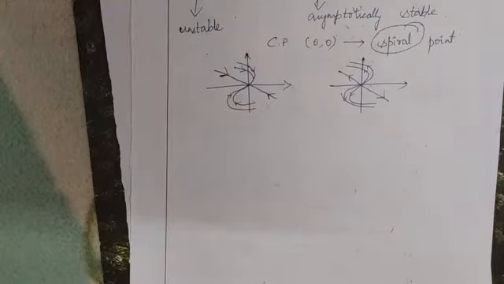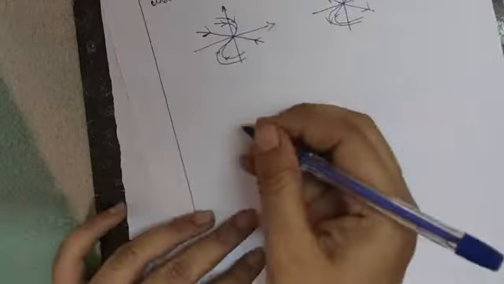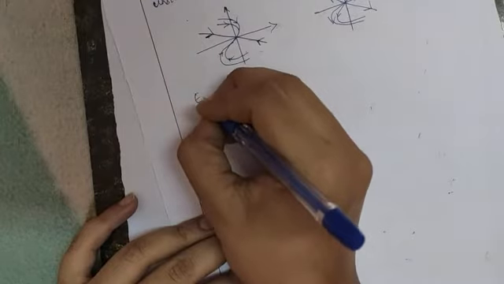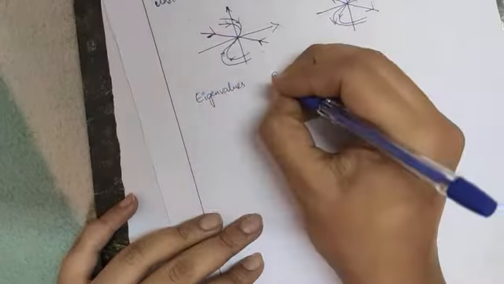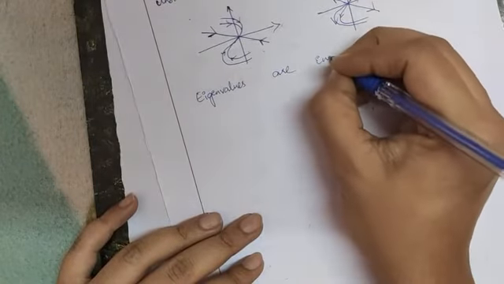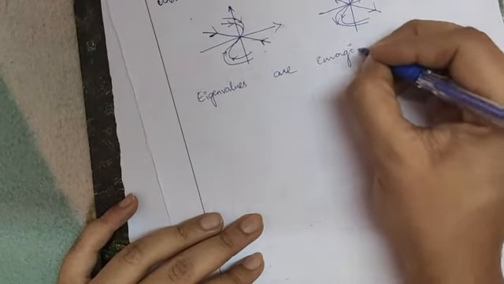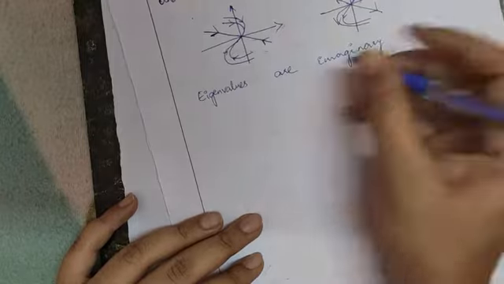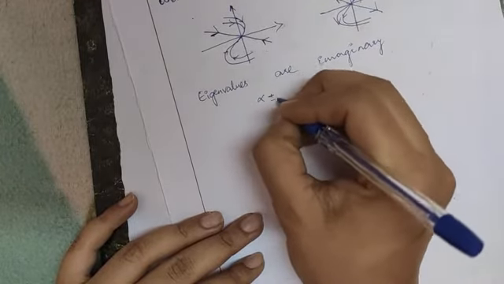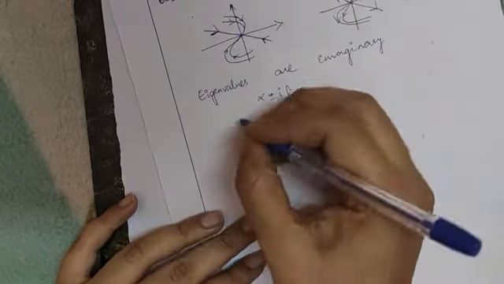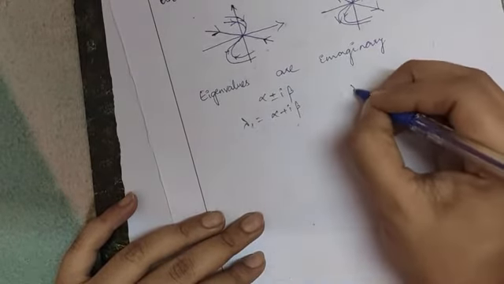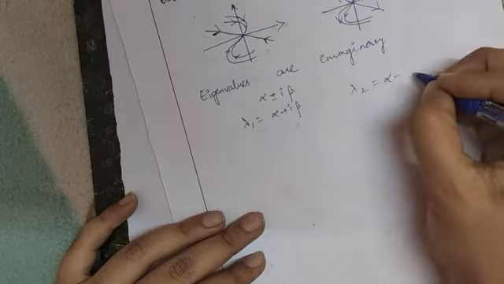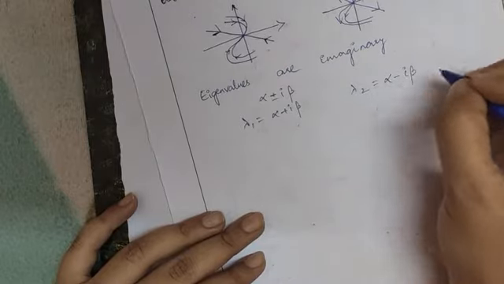So we have one more case, that is when eigenvalues are imaginary, which is of the form alpha plus or minus i beta. That means lambda 1 is equal to alpha plus i beta and lambda 2 is equal to alpha minus i beta.